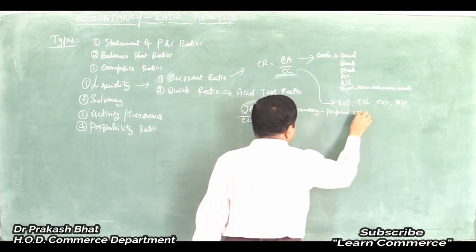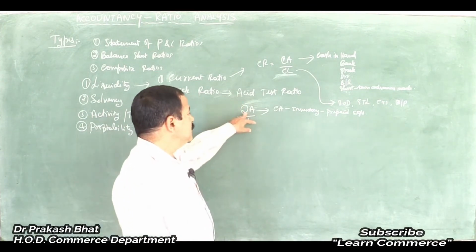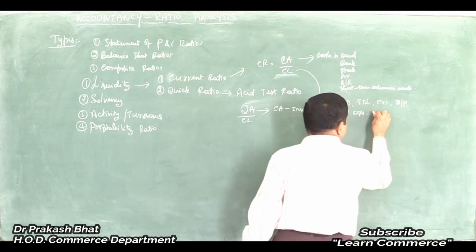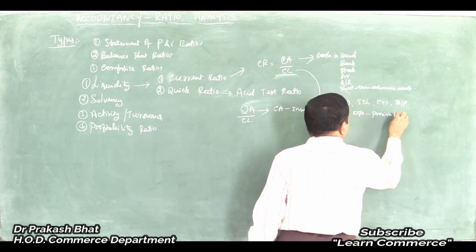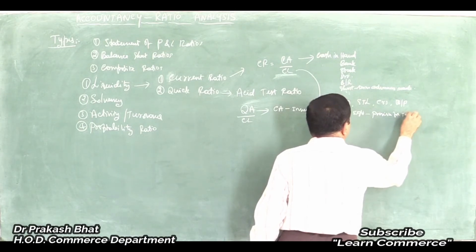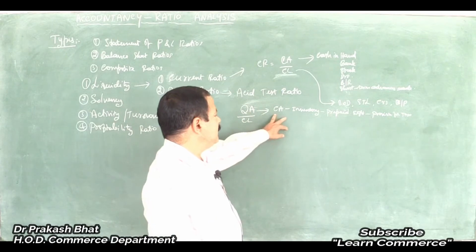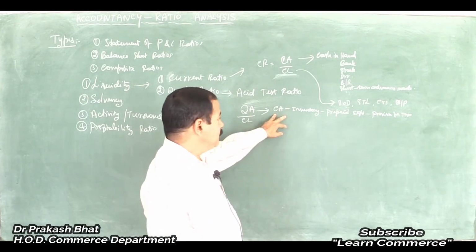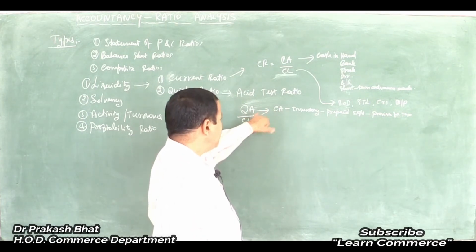Prepaid expenses will not be included in quick assets. Provision for taxation also will be removed from current assets. That is what we take as quick assets, and the total will be divided by current liabilities.